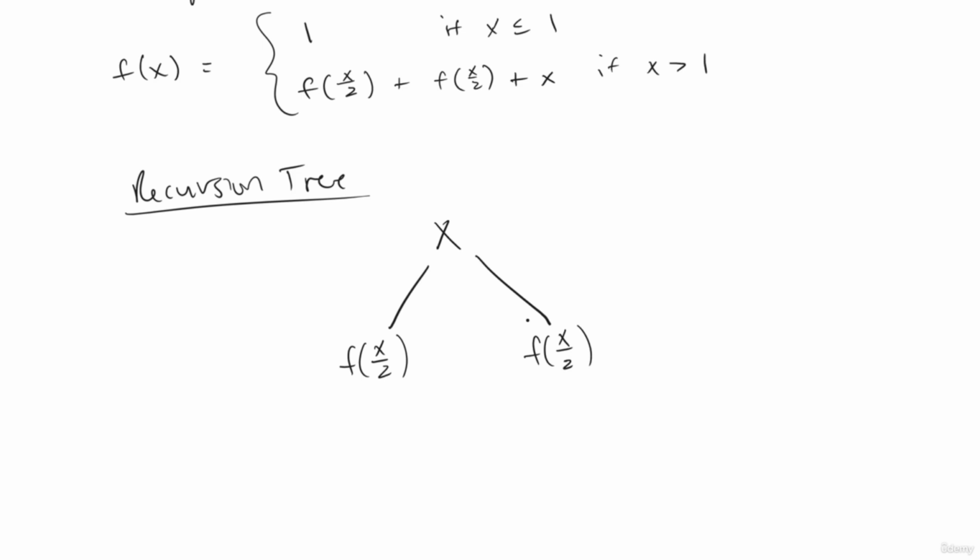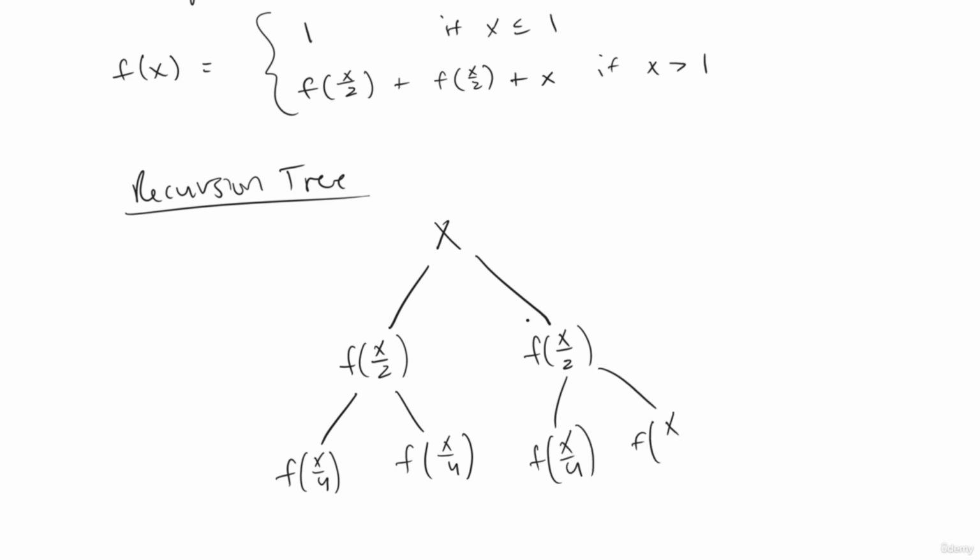And then we know that here we're going to have x over 2 returned, but we first have to solve the subproblems. And so this is going to be f of x over 4 and f of x over 4, and this is going to be f of x over 4. Again, f of x over 4. And then so on and so on.